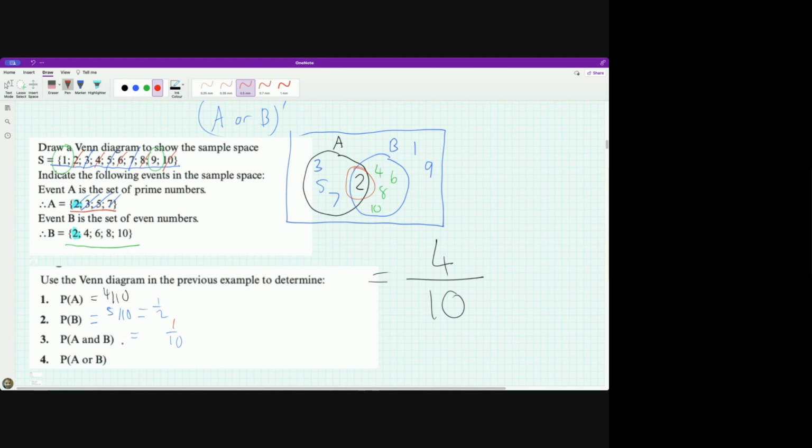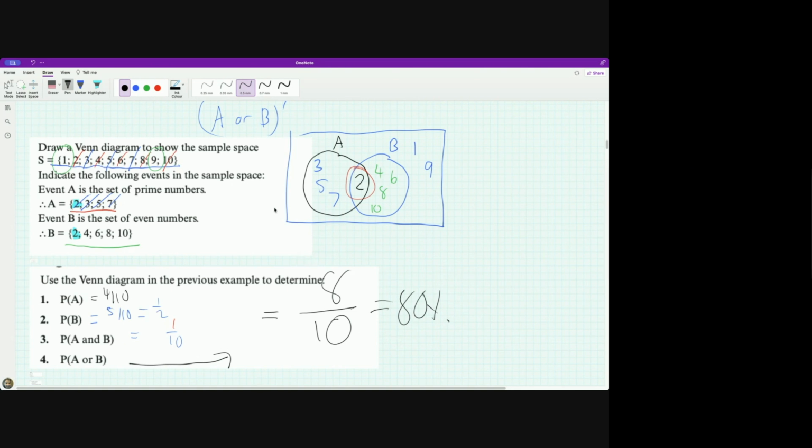What about A or B? What's that going to be? It seems pretty likely you'd be in either of those two. So if we go out of 10, how many items are in A or B? 1, 2, 3, 4, 5, 6, 7, 8. 8 out of 10 or an 80% chance.